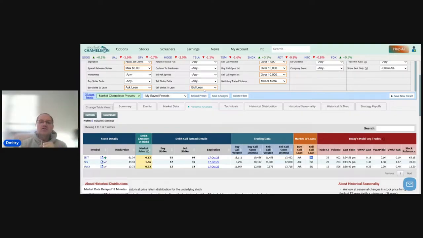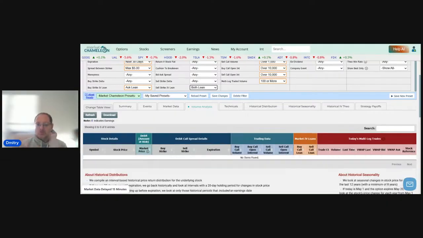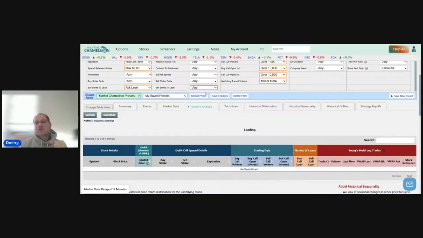So that is where we have both. Okay. So that could be good too, because it shows there's interest on both sides, buyers and sellers. Maybe they didn't meet, but they're okay. So we didn't find any on both, given all these other parameters that we set.